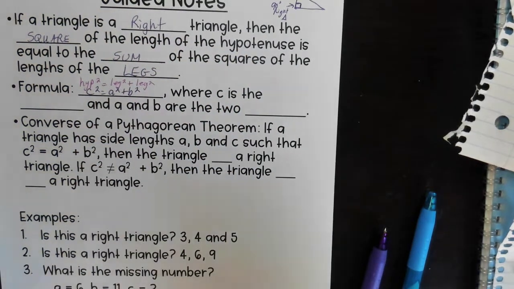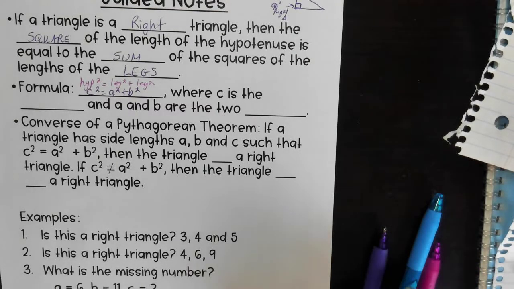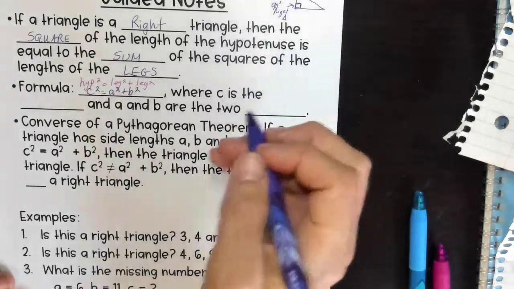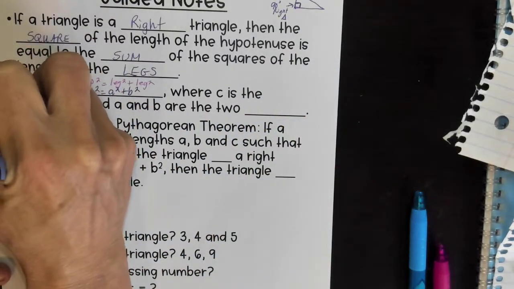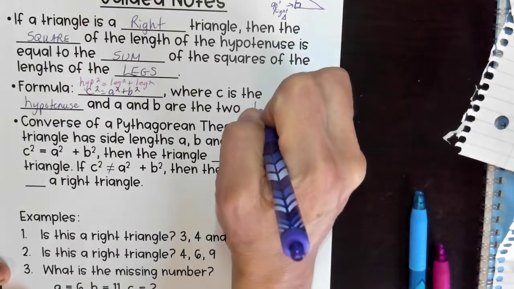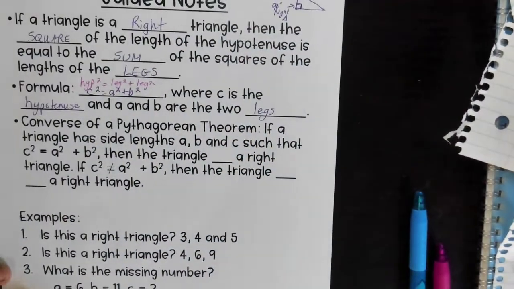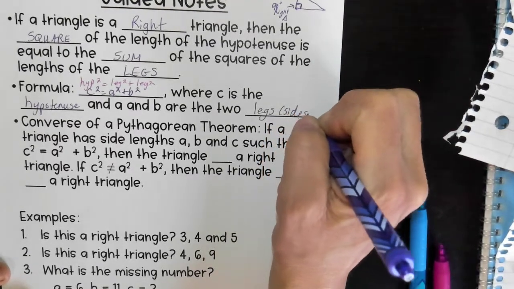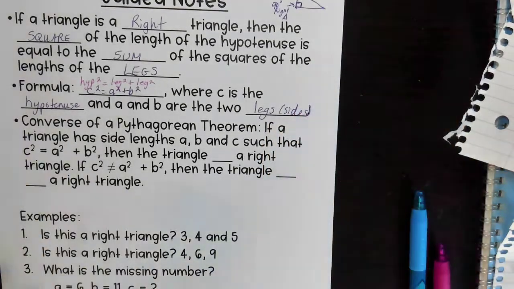So you'll hear me refer to it both ways when we talk about the notes. Okay, so C is the hypotenuse, like I said, and A and B are the two legs of the right triangle, or you might say the two other sides of the triangle.